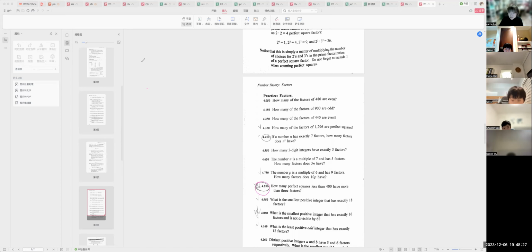So this is actually, we can just list all the numbers which are less than 400 and find out how many of them have more than 3 factors. Correct? So 1, 4, 9, 16.